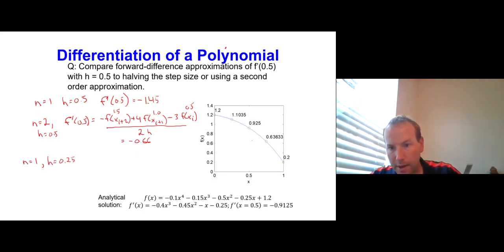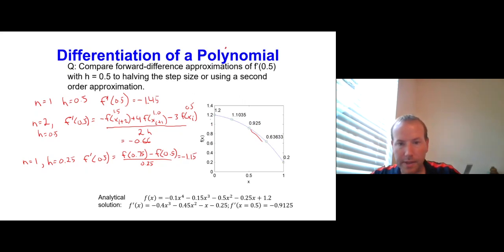Now we're allowed to use this information. So f prime at 0.5 is estimated as f of 0.75 minus f of 0.5, divided by 0.25 now, because we've got a smaller step size, and that equals negative 1.15.